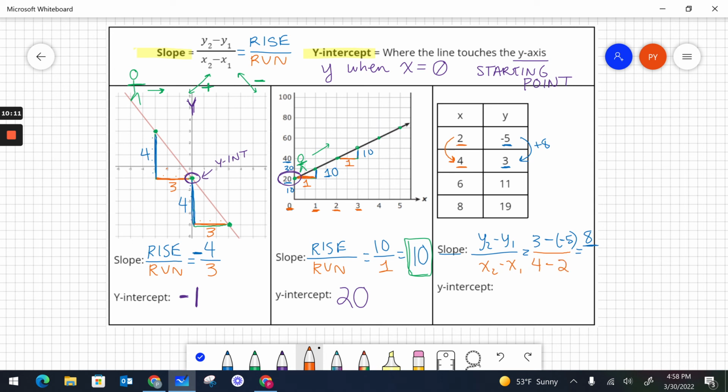So 4 minus 2 is equal to 2. So my slope is 8 over 2. And you can simplify this fraction. 8 over 2 simplifies to 4. So that's our slope, 4, or 8 over 2.